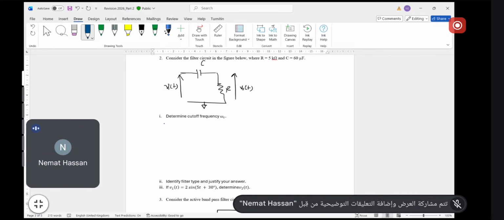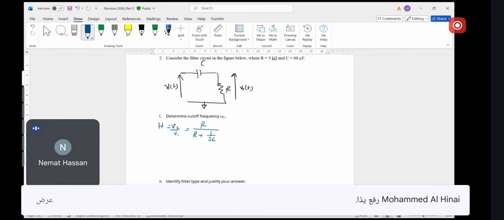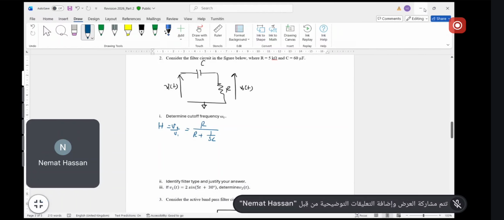We'll have to just find the transfer function H, which is V2 over V1. In this case, it will be the resistor divided by the resistor plus 1 over SC. See, there is a question. Yes, Muhammad, I see there is a raised hand. What's your question? Okay.